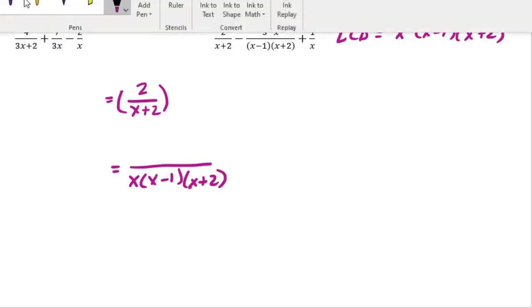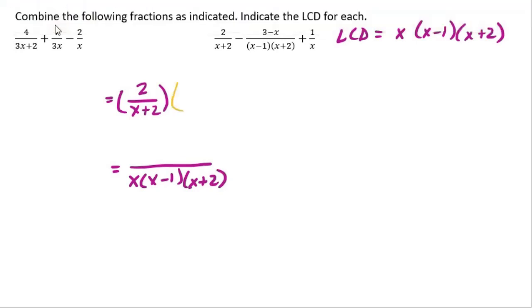These ones actually tend to be a little bit easier to do, even though there's quite a lot of writing to be done. But I can clearly see that while I have an x plus 2, I'm missing the single x and the x minus 1. So from that point of view, these almost purely algebraic examples can be a little more straightforward.